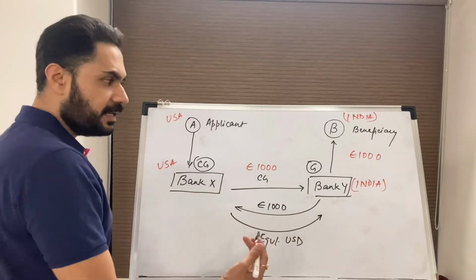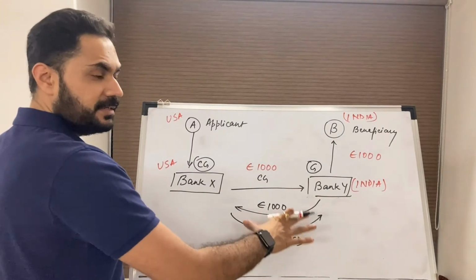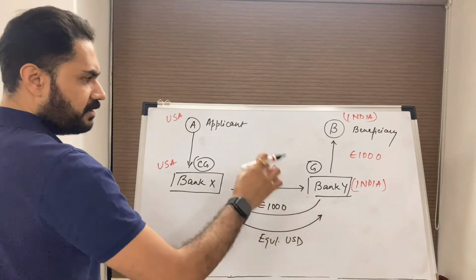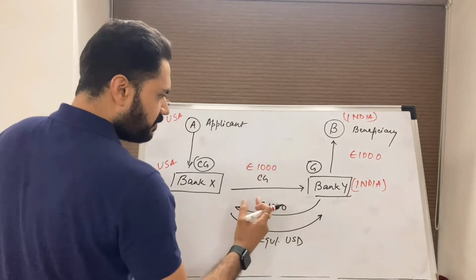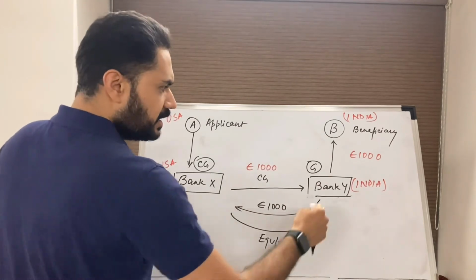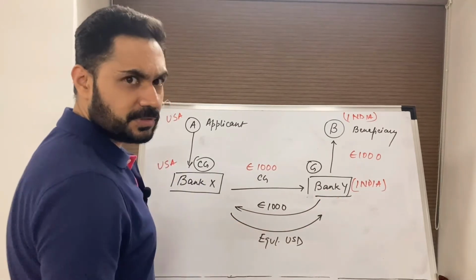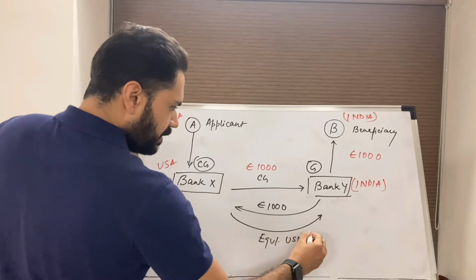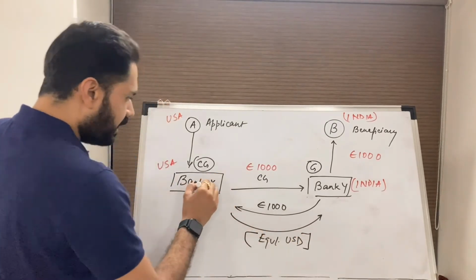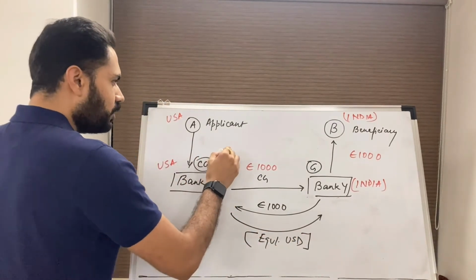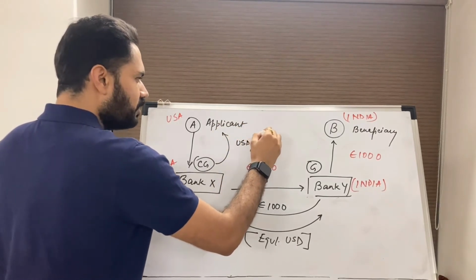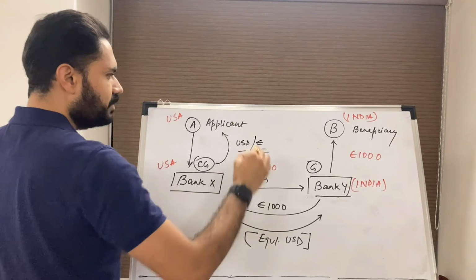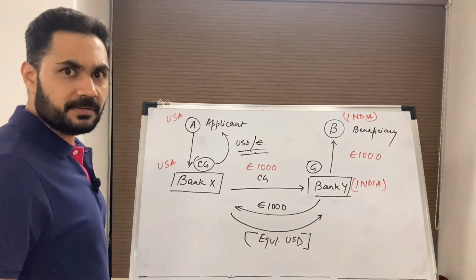The same logic will apply regarding the exchange rate. If the payment is being made when it is due, that day's exchange rate will be applicable. If that deadline is being missed, then this entity will have a choice. Payment is made in equivalent USD, but Bank X or the counter guarantor will have the option to demand payment in either USD or euros from the applicant. Okay.